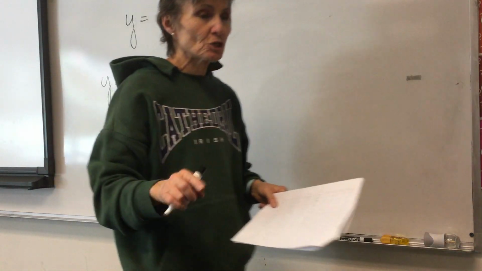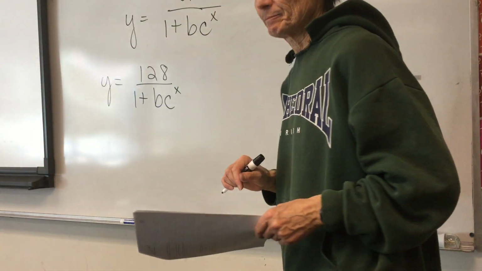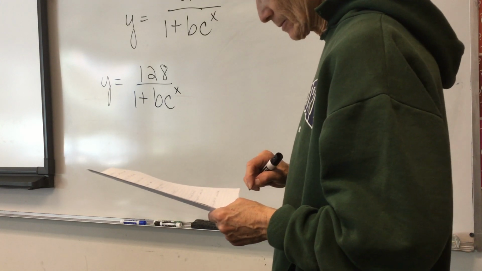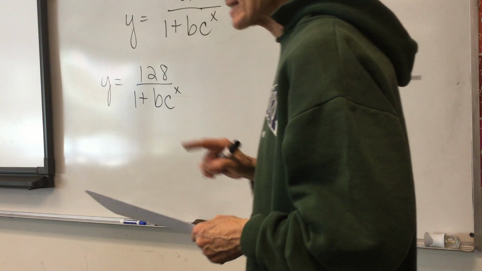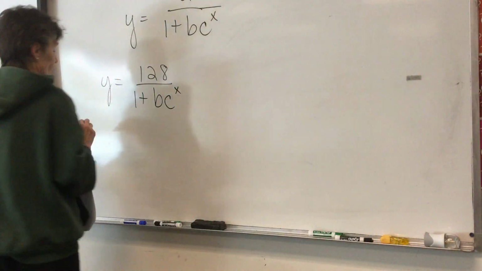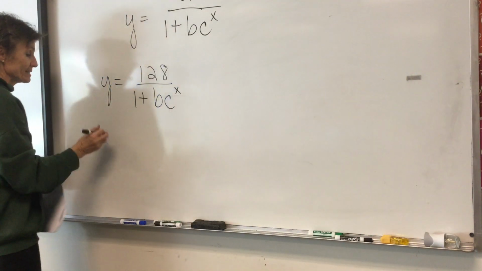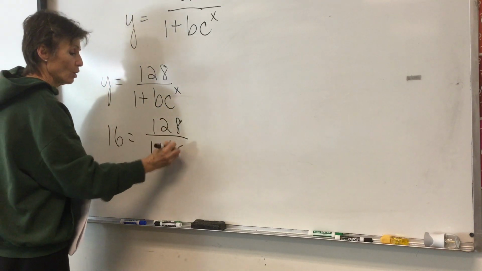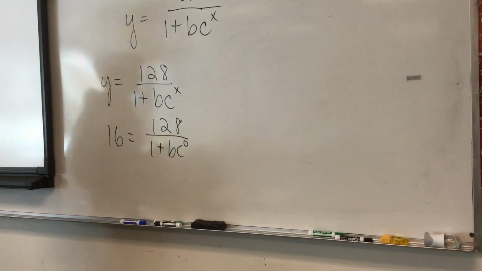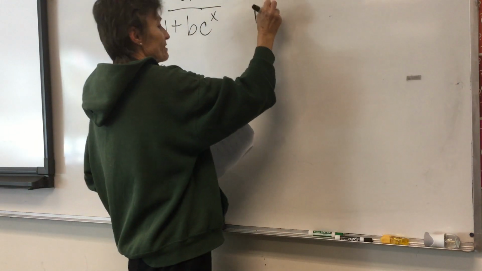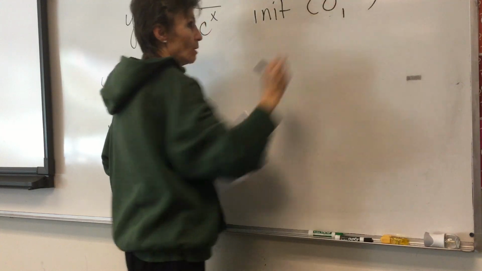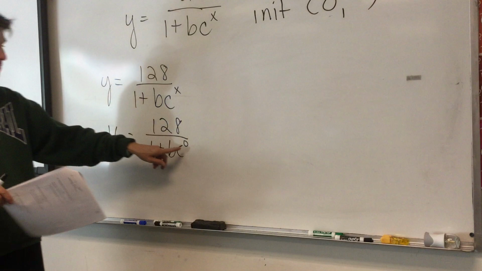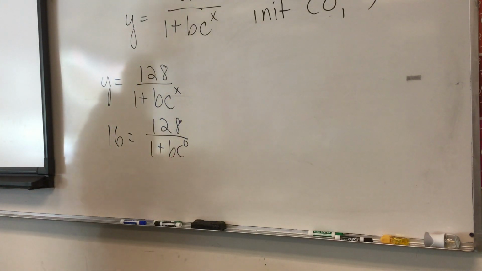What piece of information are you going to use next? The limit value versus 0.16. Okay, that's the initial value. Yes, the initial value. And so I'll put a 16 in here and a 0 in for x. Remember, the initial value of anything is 0, comma. So we know our x is 0, and they tell us that our y is 16.